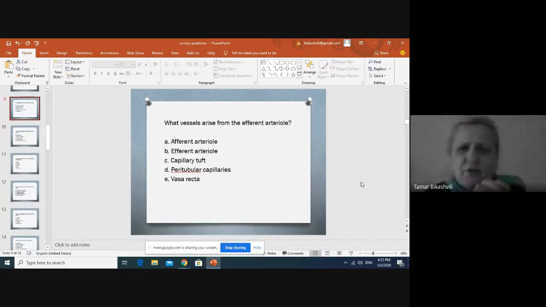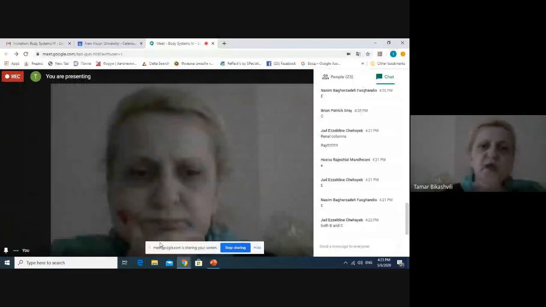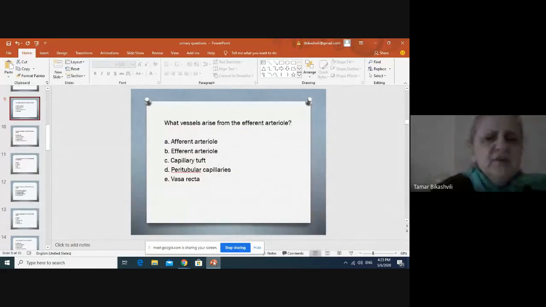What vessels arise from the efferent arteriole? Afferent, capillary tuft, peritubular capillaries, or vasa recta?